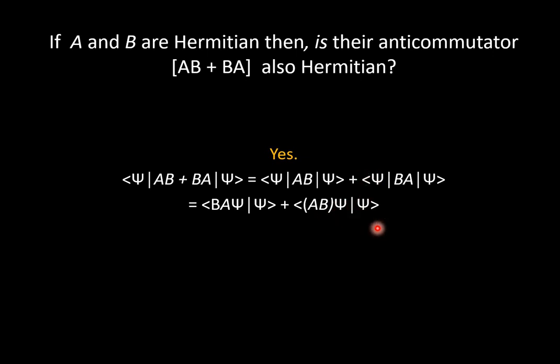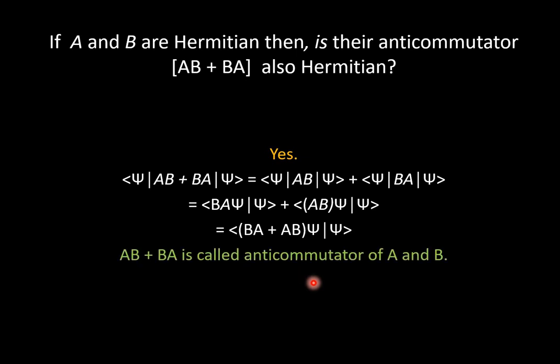Okay. Now you take common BA and AB to get <BA plus AB psi|psi>. So AB plus BA, the whole thing as such comes to the left, and BA plus AB comes here. Okay. So that means the whole thing, BA plus AB, is Hermitian. That means the anti-commutator is also Hermitian if A and B are Hermitian.